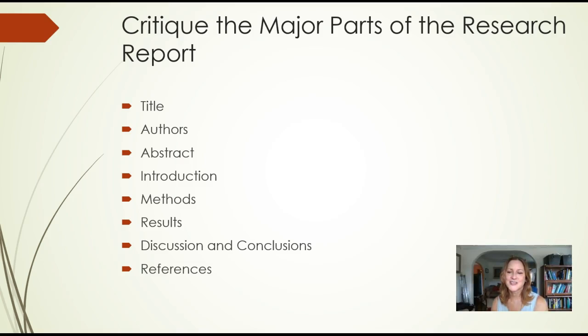So another suggestion, and this is something that we all do after we get used to looking at research report after research report, is we comb through this article and we look at the title and we're like, okay, that's interesting. I want to look at this. I always look over the authors. What's their educational preparation? Where do they work?